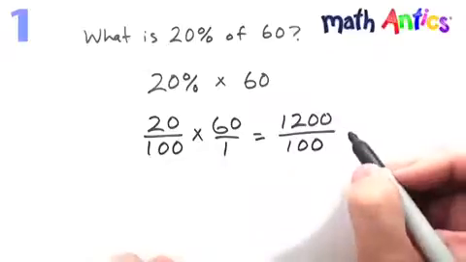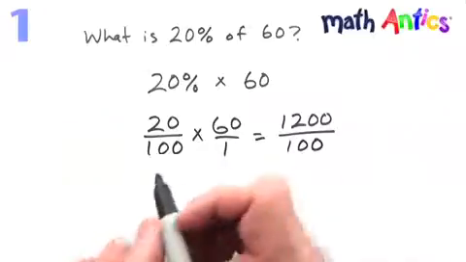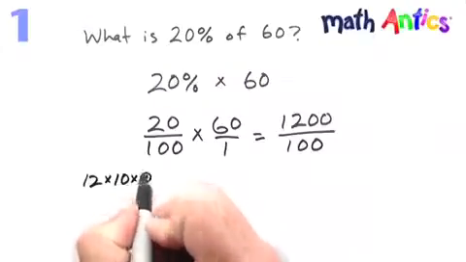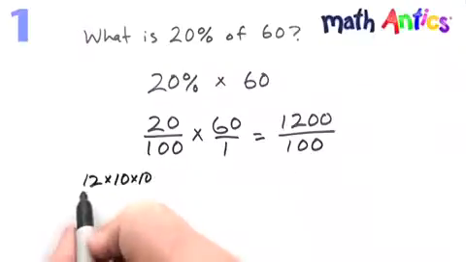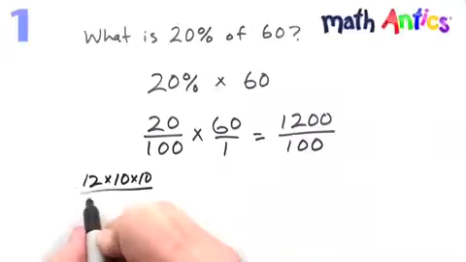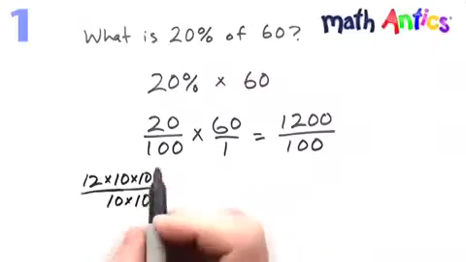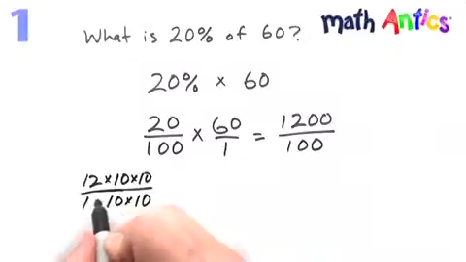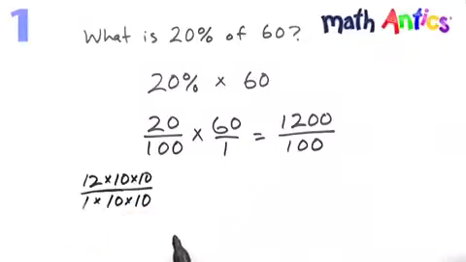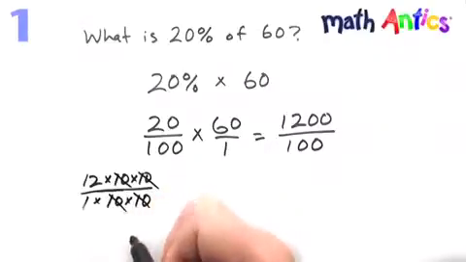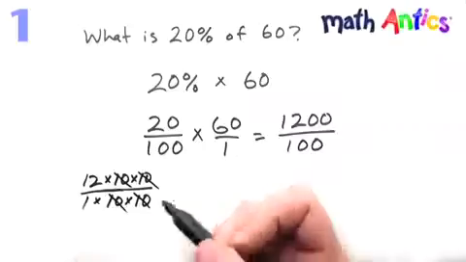So 1,200 is exactly the same as 12 times 10 times 10, and 100 is the same as 10 times 10. And just so there's something left over when we cancel it, I'll put in the 1 times 10 times 10. All right, and so now when we cancel the common factors, we're left with 12 over 1.